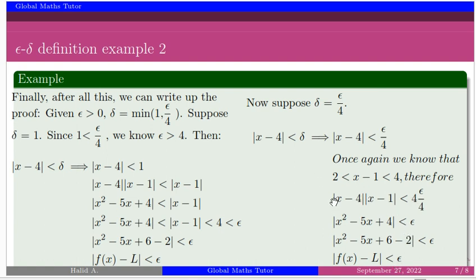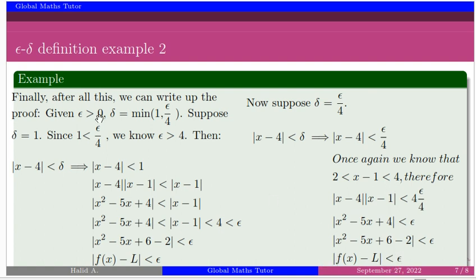Here we use that |x minus 1| is between 2 and 4, and from this starting point we multiply by the absolute value of x minus 1. If we multiply by that, we have to multiply by 4 here to be assured that this is satisfied.